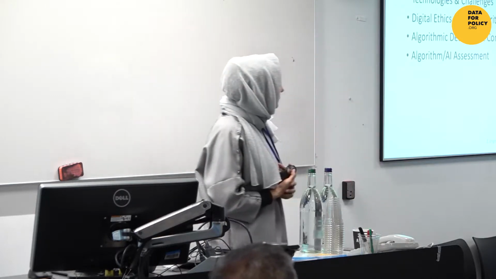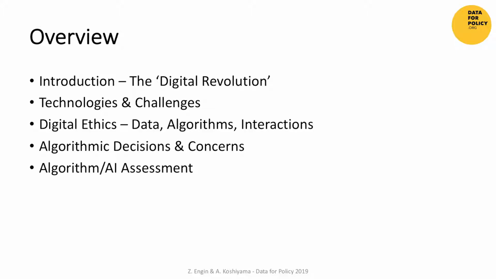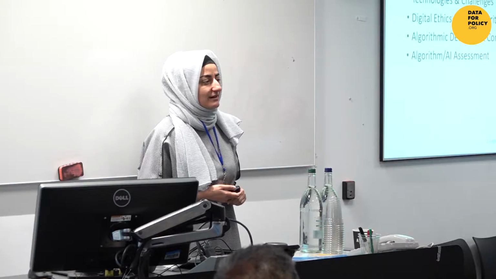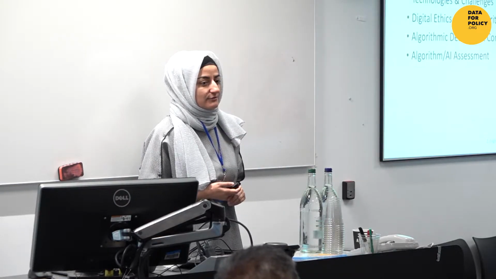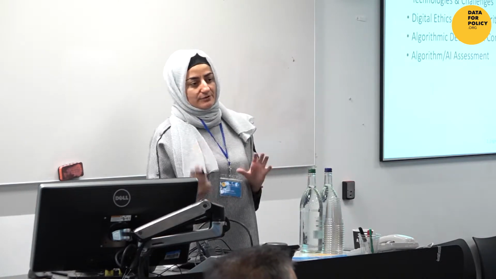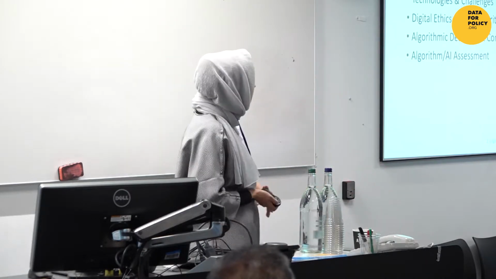So in the first part, I will just give some overall introduction about what we mean by digital revolution. Then I'll try to go through some of the hype words, the big words: big data, artificial intelligence, blockchain, etc. And we'll very briefly introduce them and mention some of the contested issues about those technologies.